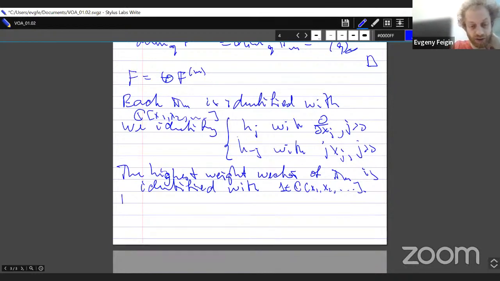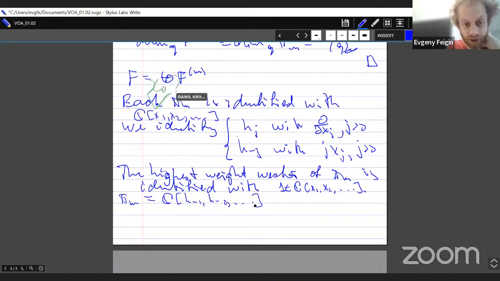Recall that φ_m actually is equal to C of h_{-1}, h_{-2}, and so on. Some question? Please ask if you have a possibility, Daniel, or you can write it in the chat.